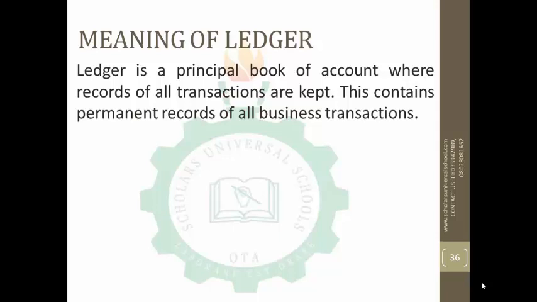If you are a customer and you do business with different organizations, take for instance your school, I'm sure your school would have a ledger account for you. That is an account that would capture all the transactions that relate to you for the period that you are in the school.